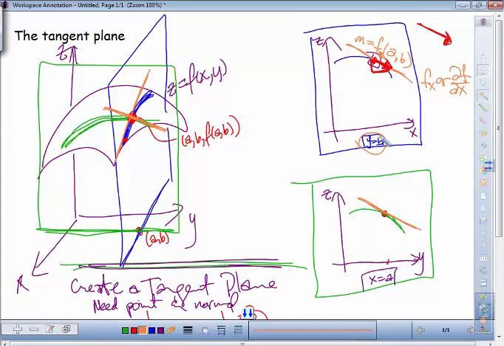I want a vector out of this. Okay? So what should I call this? V in the x direction. Let's call it Vx. I'm going to do this in red.